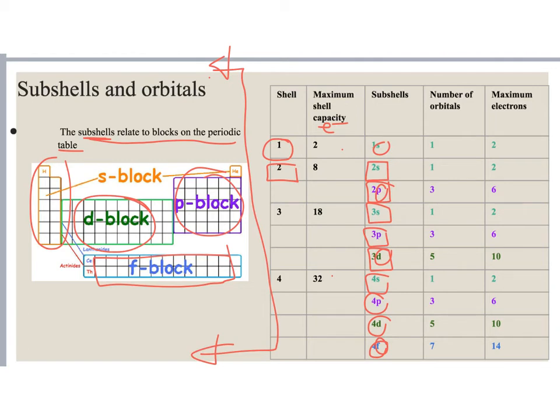So that means in the S subshell, in total you have 2. In the P subshell, you can have 6 because there's 3 orbitals which can hold 2 each. In the D, you can have 10 because there's 5 orbitals which can hold 2 each, etc. Again, just remember this bit on the left-hand side. Don't worry too much about the table, but hopefully that's helped you understand it a little.